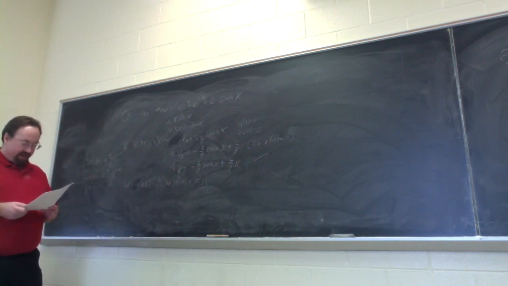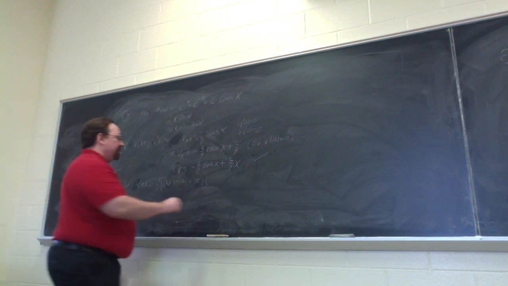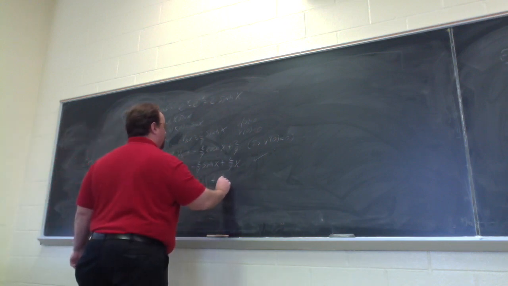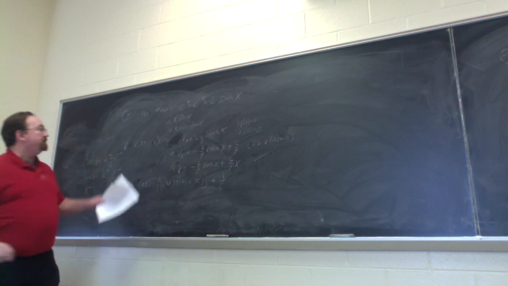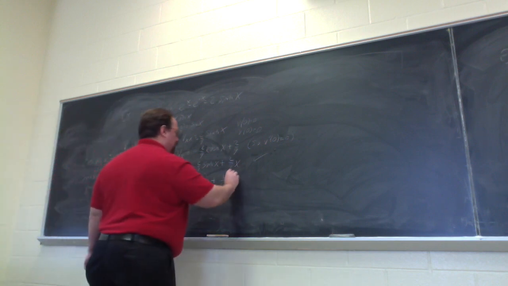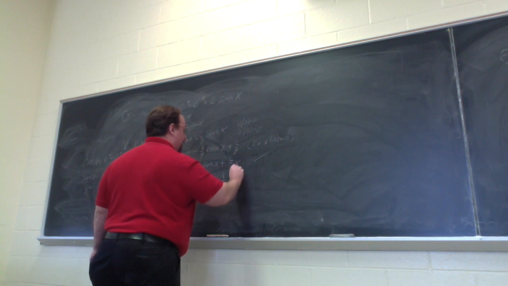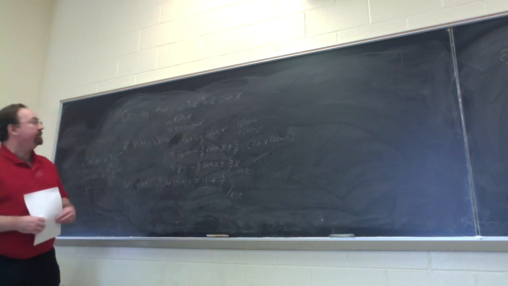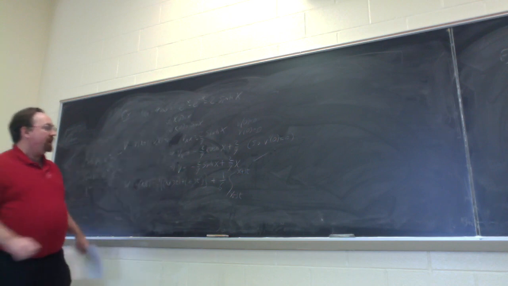And then we're going to have plus 1/6, because it's 1 over 2c, but c is 3 in this case, times the integral from x minus 3t to x plus 3t of sine.